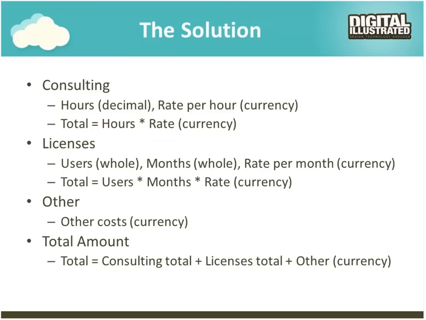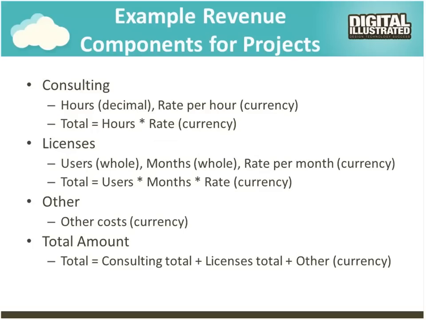So I've built a scenario where we are selling a consulting service, for example CRM implementations. In this scenario, the revenue is made up of three components. First there's the consulting revenue, made up of the number of hours spent and the rate per hour, and the total revenue from consulting would of course be hours times the rate.